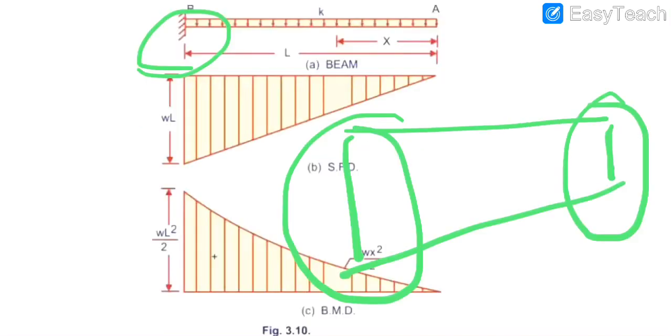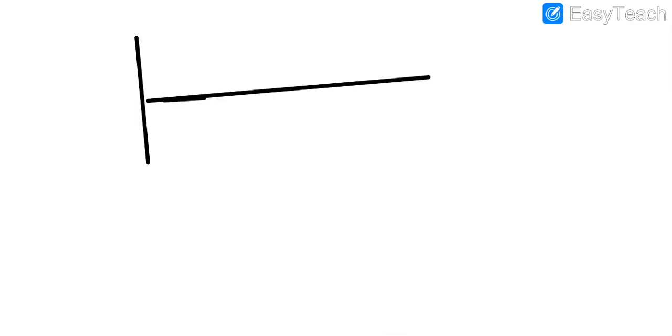Now coming further, when we are talking about the cross sectional element of a cantilever slab, it will look like this. Let me draw. Here we have a cantilever slab. Its cross section would be a rectangle, like this.